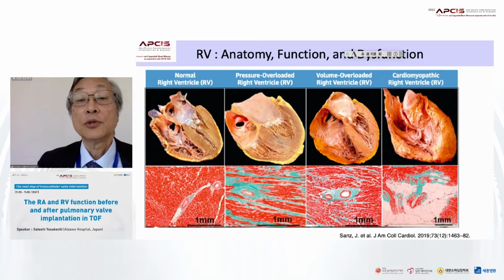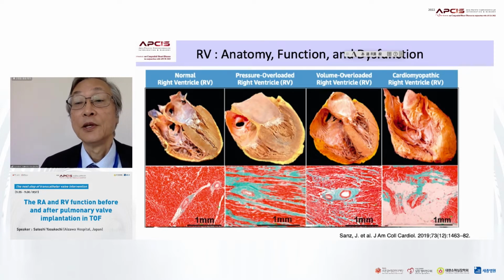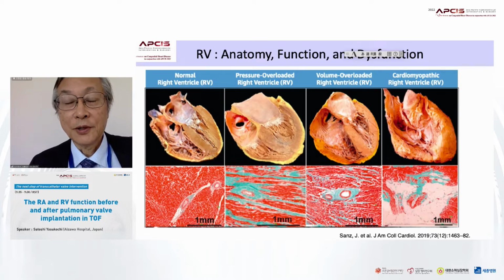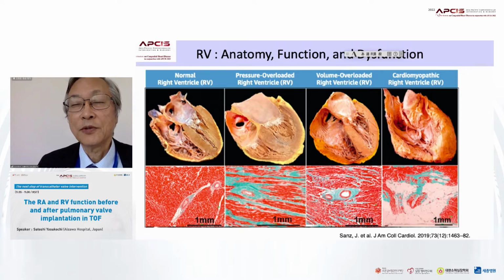The volume overload has also dilated the right ventricle, but with mild fibrosis, and diastolic septal flattening compared to the systolic septal flattening in pressure overload. The cardiomyopathic right ventricle, such as arrhythmogenic right ventricular cardiomyopathy, has marked fibrosis with fibrofatty replacement.